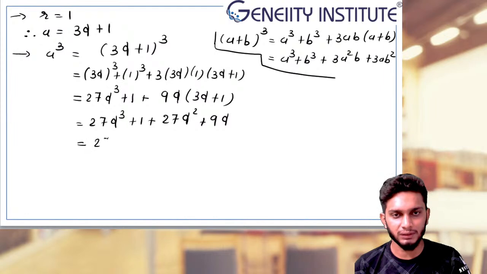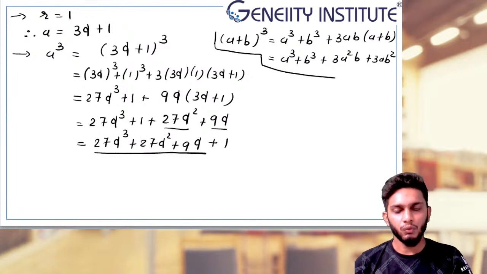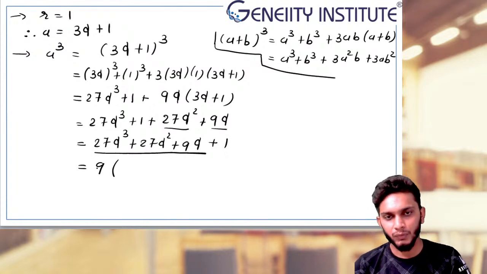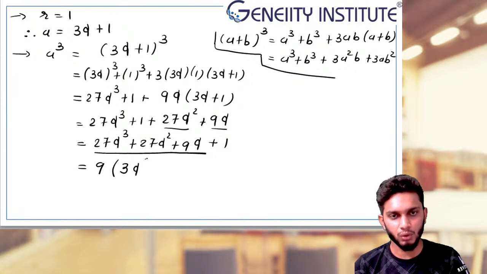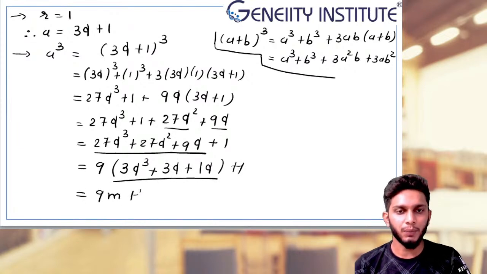So first of all 27q cube plus 27q square plus 9q and plus 1. From these three terms we can take 9 as common. 9 common ले सकते हो तो ले लो भाई. 9 threes are 27 q cube plus 9 threes are 27 q and plus 9 ones are 9, so q plus 1. Here we can write 3q cube plus 3q square plus q as m.